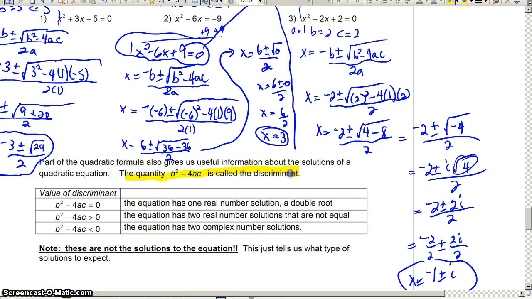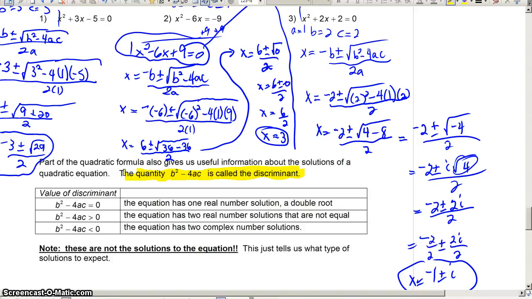B squared minus 4ac is called the discriminant. We use the discriminant really very quickly to determine, once we evaluate what b squared minus 4ac is, what types and how many answers or roots we have.